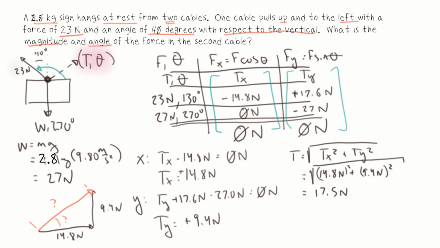And that is the magnitude, that's how much the unknown cable is pulling up with. The direction, we have the inverse tangent of y over x, which is going to be the inverse tangent of 9.4 over 14.8.